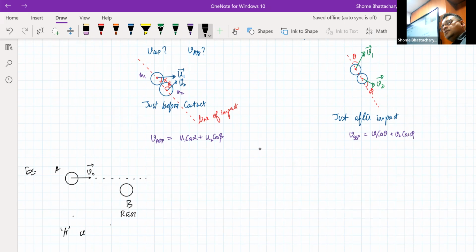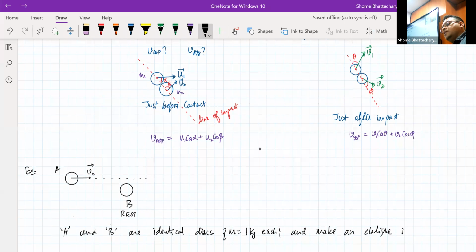So A and B are identical disks, okay, let's say of mass maybe 1 kg each, and make an oblique impact as shown.